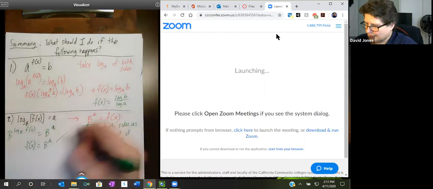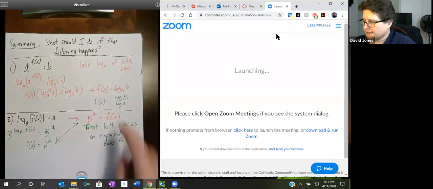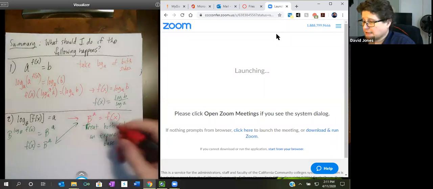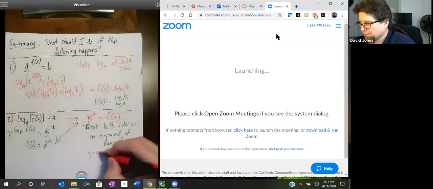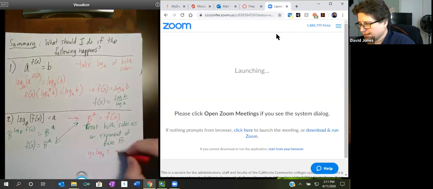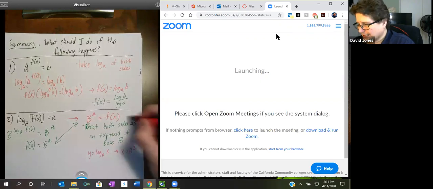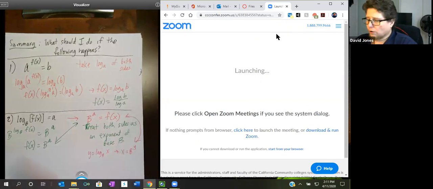You'll notice that's the same thing as the conversion formula. Remember when we converted, we said y equals log base b of x, and that turned into x equals b to the y. Same idea. Or we treat both sides as exponents.